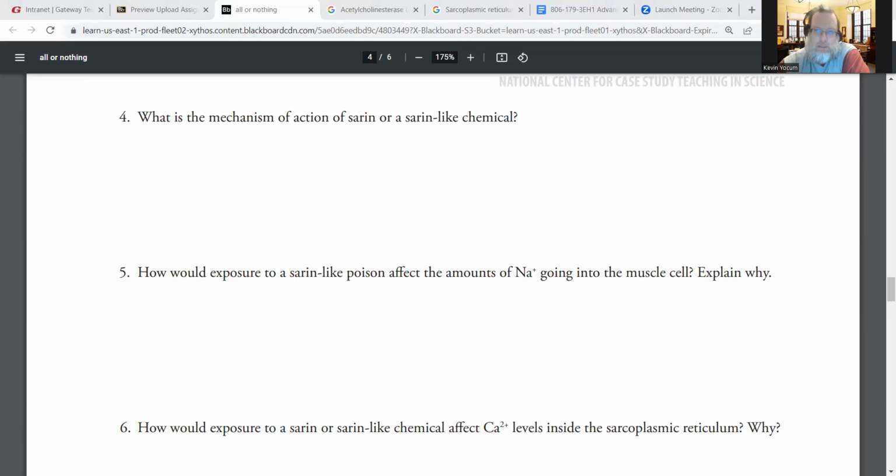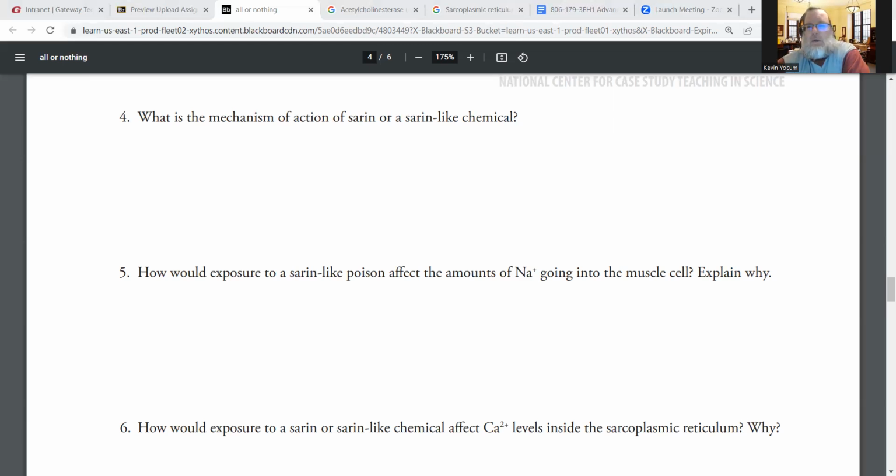It goes to the muscle, and the second domino to fall is going to be the sodium domino. So if I have an excess amount of acetylcholine, I'm going to have sodium triggered as well. An increase in acetylcholine leads to an increase in sodium release into the muscle.